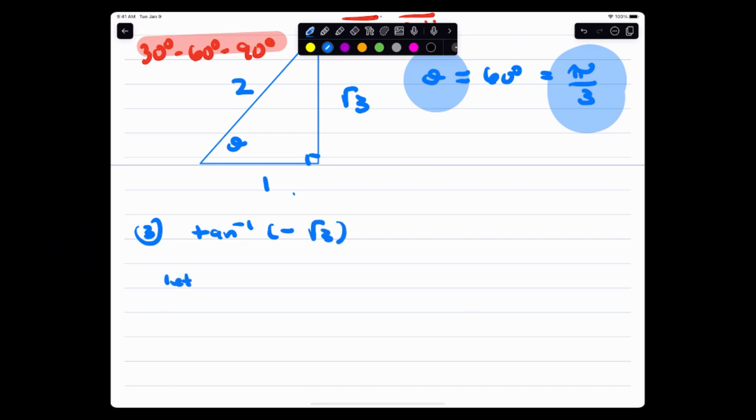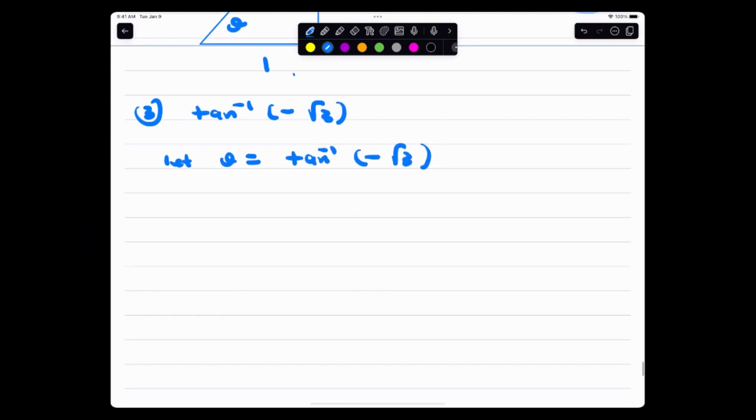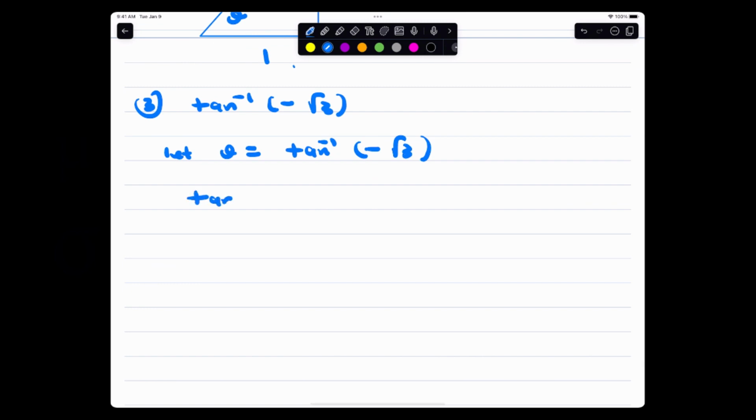So we're going to let theta be inverse tangent minus square root of 3, which means tangent theta is going to be negative square root of 3. Now, because this is negative, right?